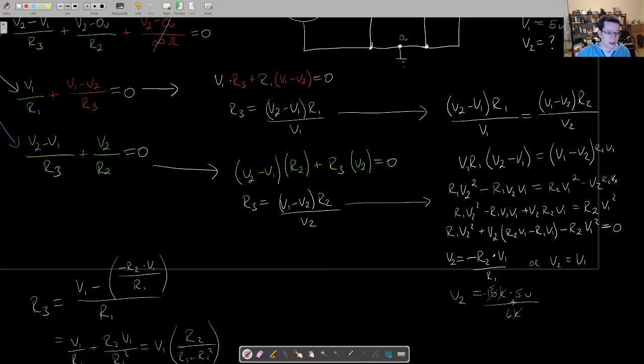We can cancel out a 2. And we're left with negative 25 volts divided by 3, which is about 8 1/3.